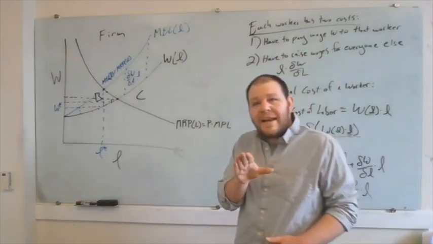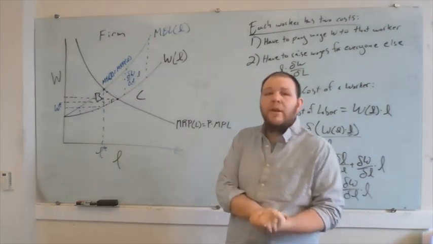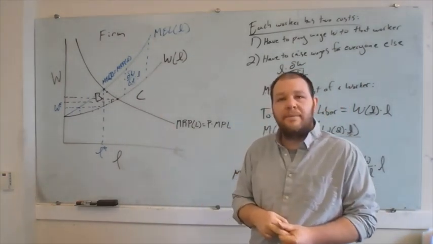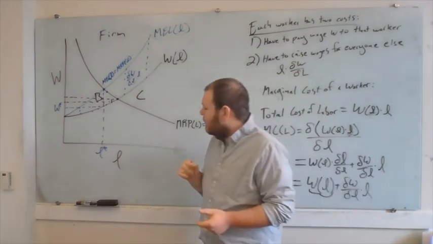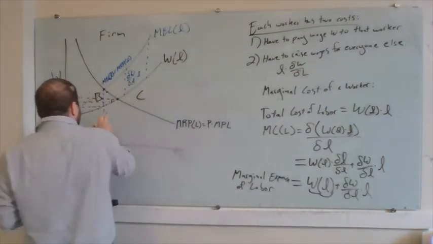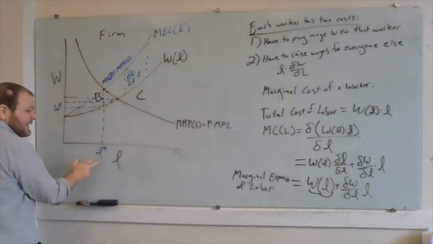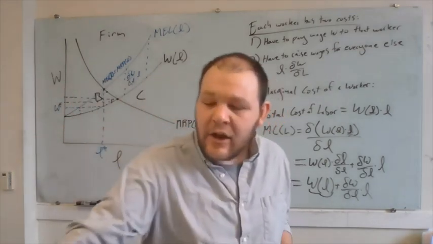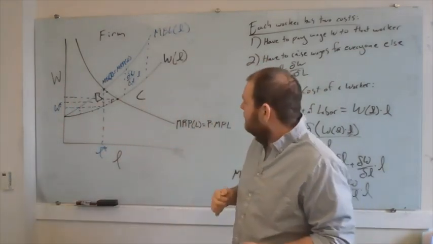Now, there's a couple things that I want to point out about this that I think are really important, and they're going to help us think about this model as we start trying to use it. The first thing is that at this wage, and in particular at this number of workers L star, we are not at an economically efficient level of employment.